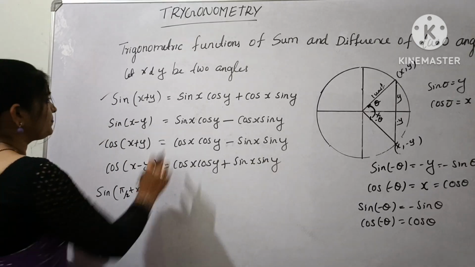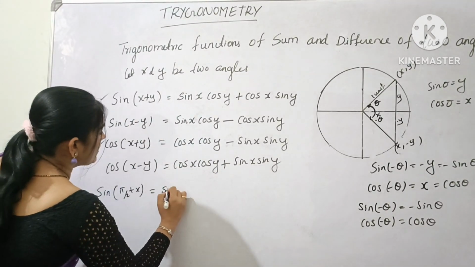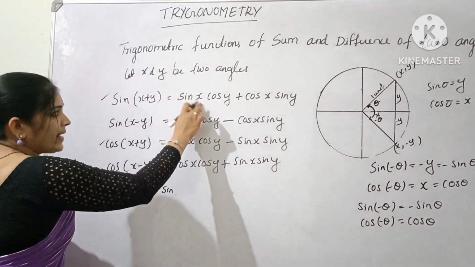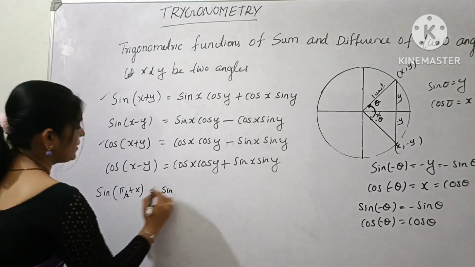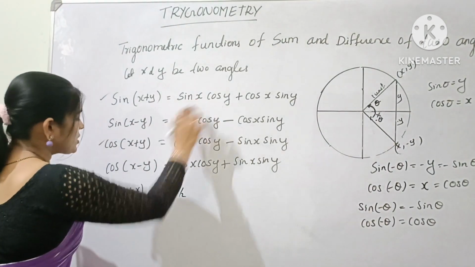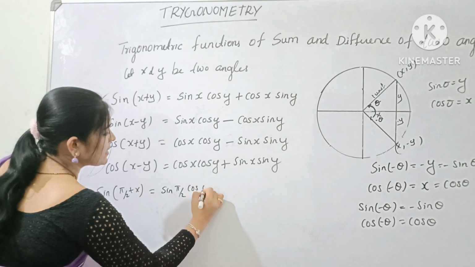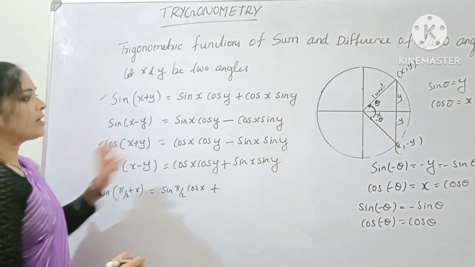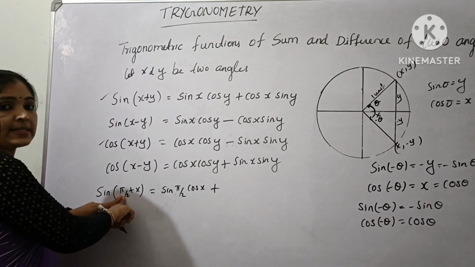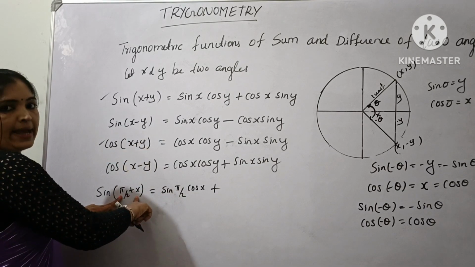Substitute. Sin of x plus y is equal to sin x cos y plus cos x sin y. Here in place of x, pi by 2, in place of y, x.